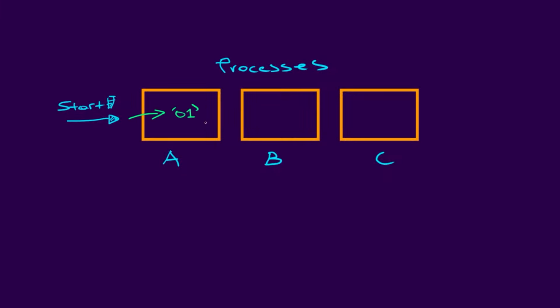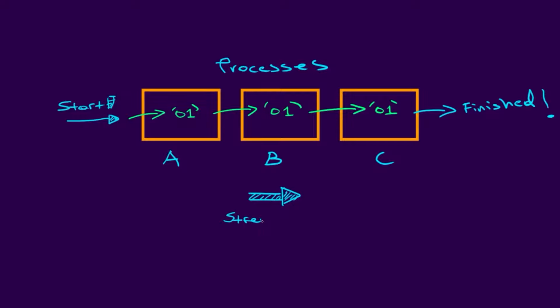Once process A's execution is over, its output will be directly used as an input for process B. Once process B's execution is over, process C will then use process B's output as an input, and so forth. Once process C's execution is completed, the result of the process will then be presented by finalizing the chain of events, creating a software pipeline.